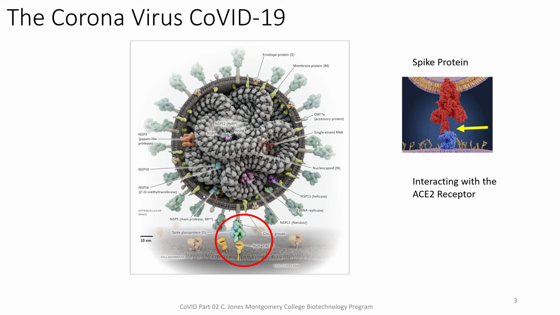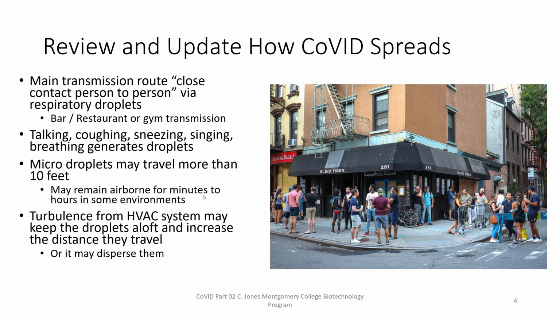If the virus cannot recognize and bind to the ACE2 receptor, then it can't infect a cell. If the virus can't infect a cell, it can't replicate. It just floats around in your blood, and eventually your immune cells will detect it and kill it, and totally eliminate it. With that quick review, let's talk a little bit again about how COVID spreads.